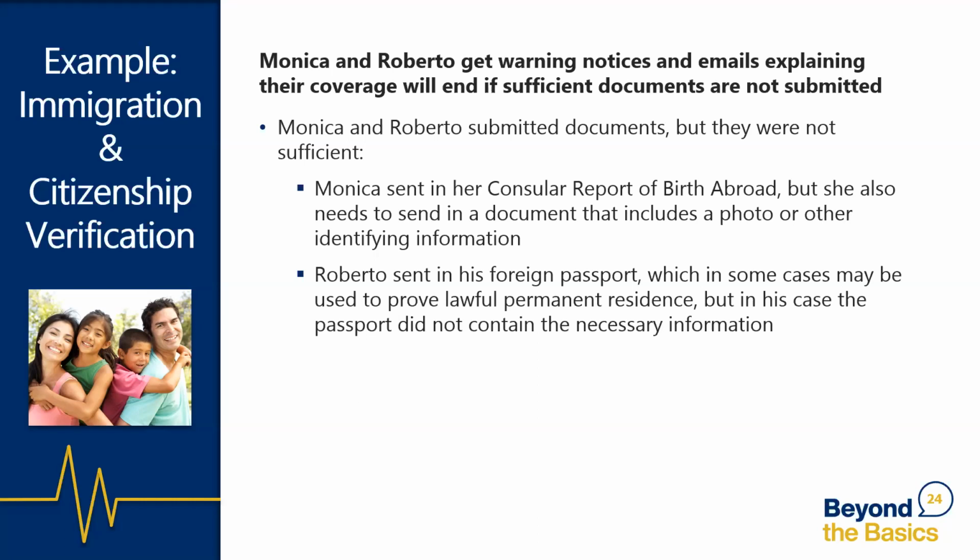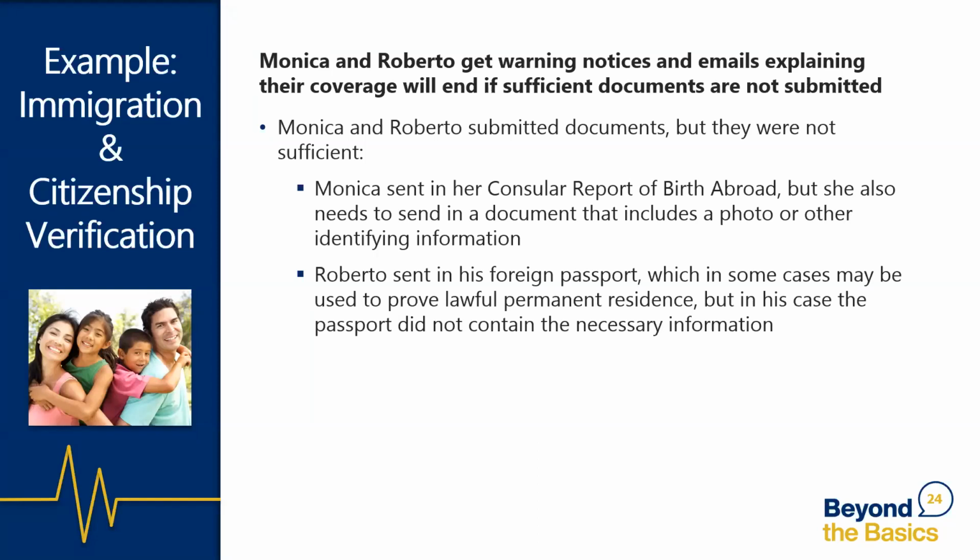In this case, Monica sent in her consular report of birth abroad. But remember how I said that with the exception of a few things like your passport and some other things, for a lot of documents for US citizenship, you need to provide both something that proves your citizenship and your identity, right?